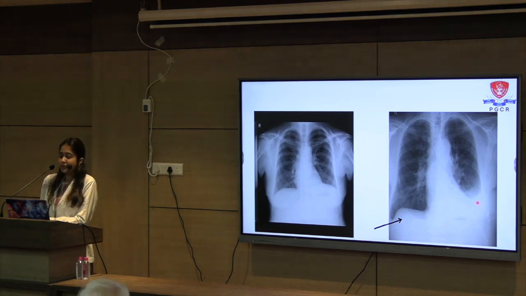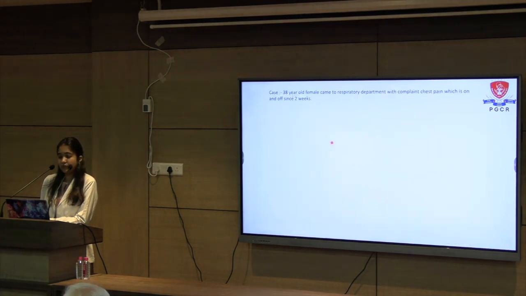So on the left side we can appreciate a homogeneous opacity obscuring the left CP angle and this meniscus sign, suggestive of left pleural effusion. But the important thing is we can see that the peak of the right dome of the diaphragm is shifted slightly laterally. So these two findings, the shifting of the peak of the diaphragm laterally and the increase in the distance between the hemidiaphragm and the stomach bubble on the left side, are suggestive of a subpulmonic effusion.